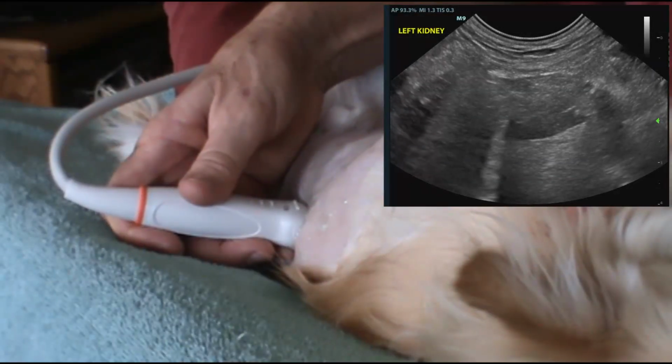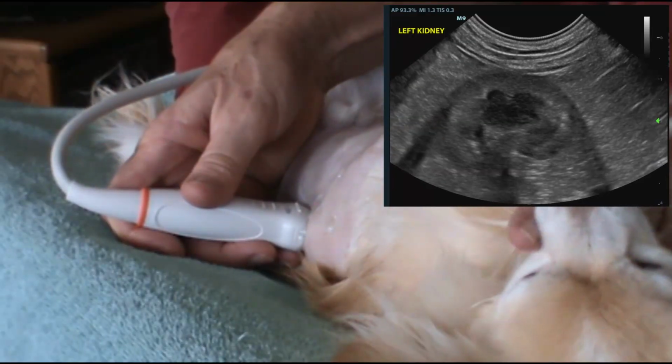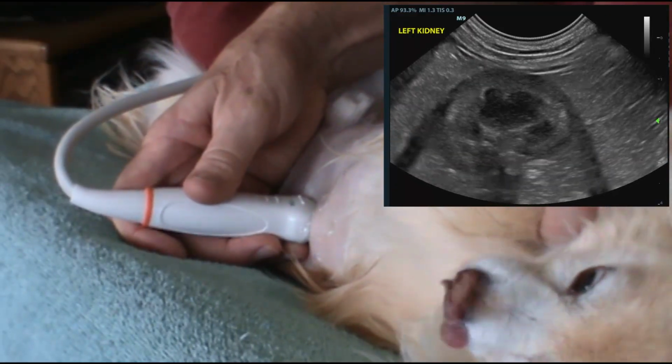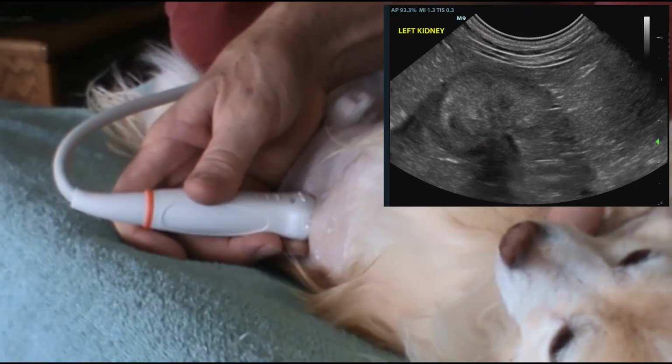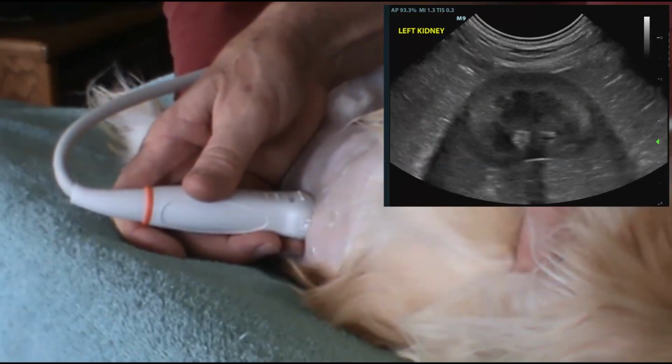If needed, adjust transducer frequency for the current depth. Adjust focal points to the bottom of the organ of interest. And adjust gain for the best image.